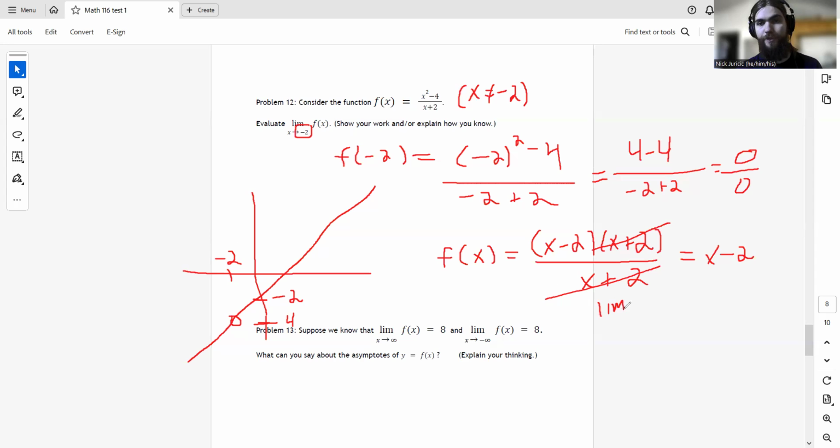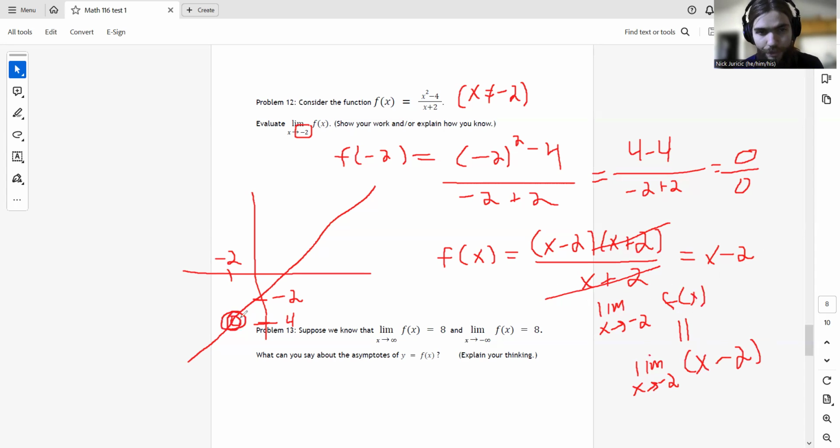So the limit as x approaches minus 2 of f of x is the same as the limit as x approaches minus 2 of x minus 2, because this is equal to the function everywhere except at this one little hole.